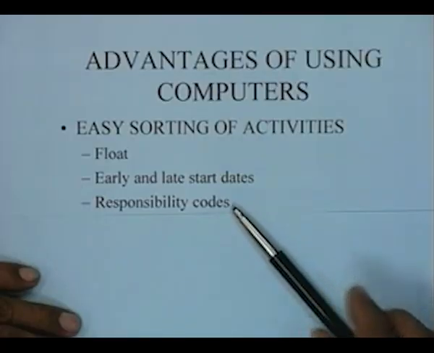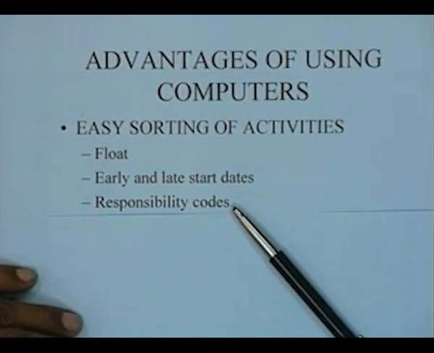Another very important classification that management finds handy is sorting of activities by their responsibility codes. Different activities in a project are typically done by different individuals or different agencies, that is, different people are responsible for those activities. For instance, you want to find out which are all the activities which are the responsibility of the manufacturing department, right?